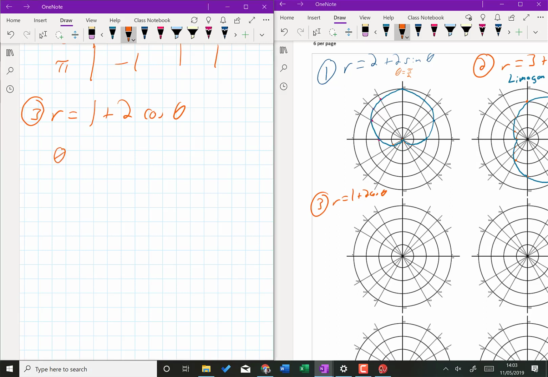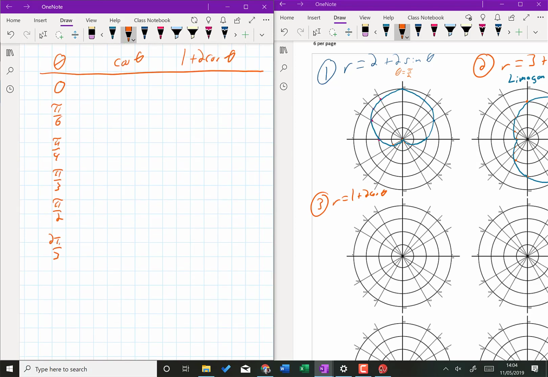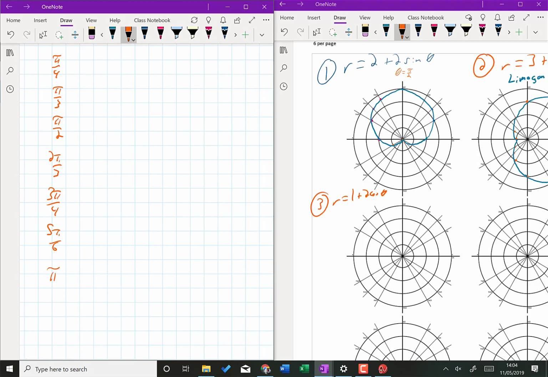Theta, cosine of theta, 1 plus 2 cosine theta. Same theta cycle: 0, pi over 6, pi over 4, pi over 3, pi over 2, 2 pi over 3, 3 pi over 4, 5 pi over 6, and pi.